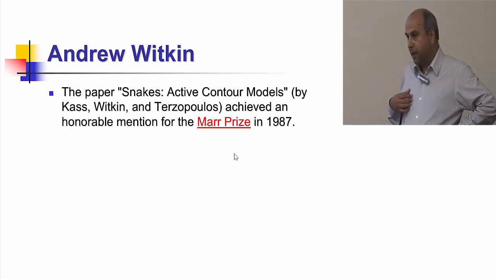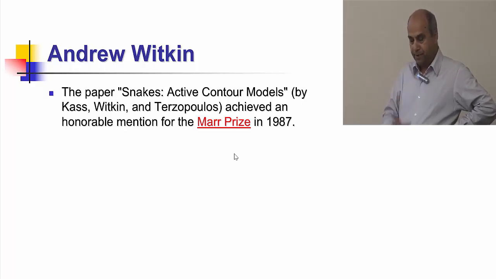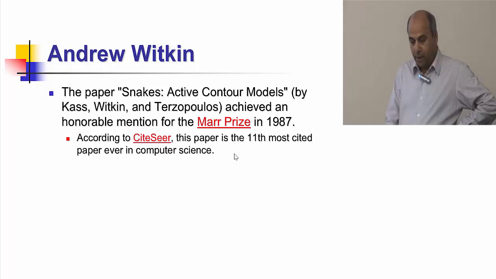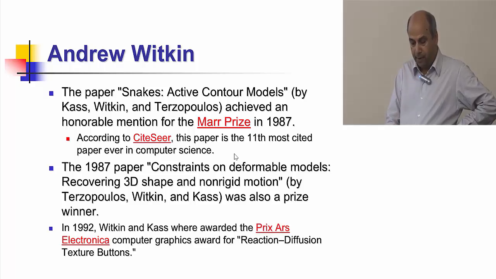He contributed a lot to computer vision and at the same time computer graphics, and he received a Marr Prize, which as we discussed is the most prestigious prize you can get in computer vision. This paper is the 11th most cited paper in all of computer science, along with his work on deformable models.